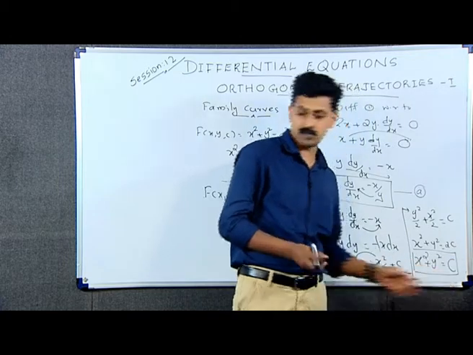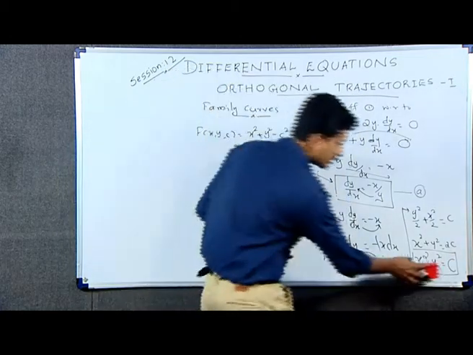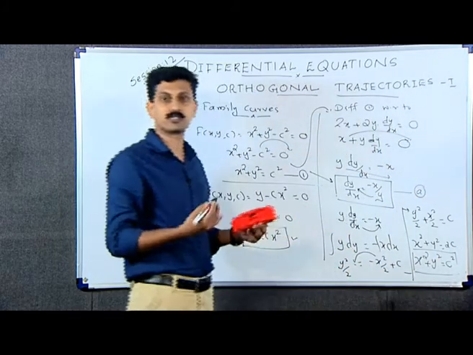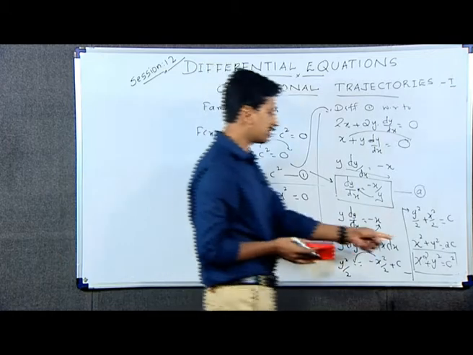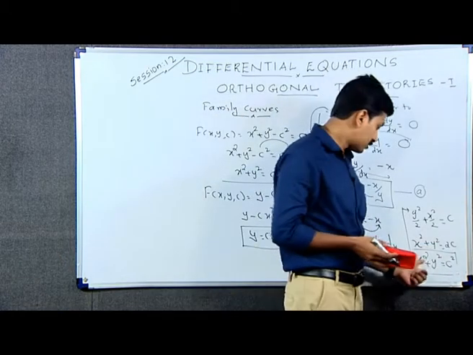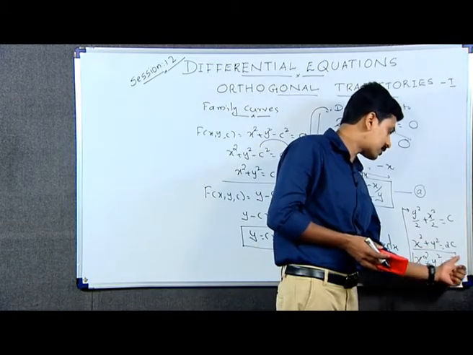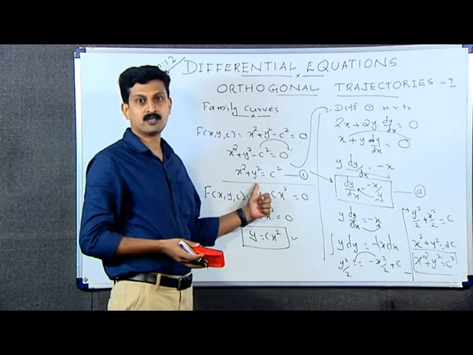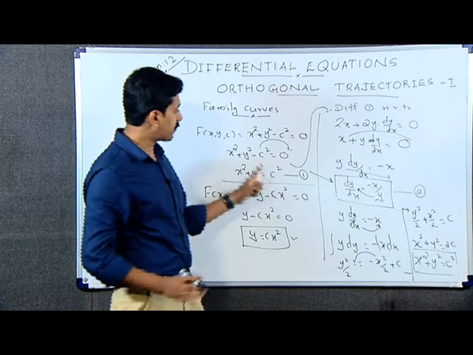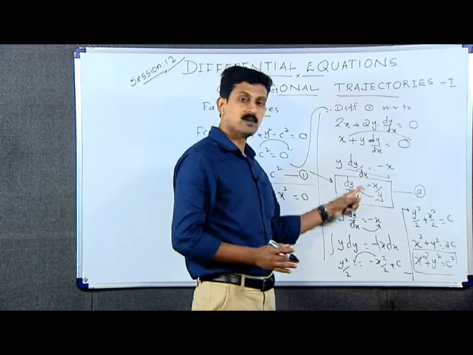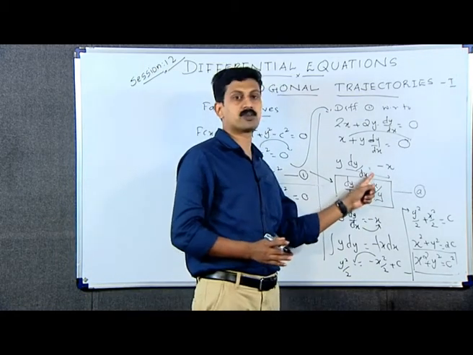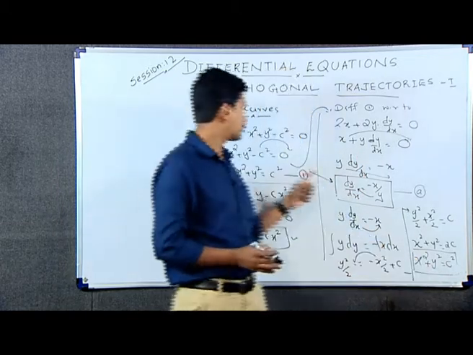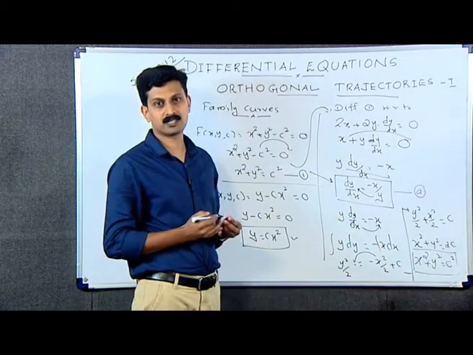Here this c we can rewrite as another c square, or c dash square; because this is an arbitrary constant we can write it like that. So, we again arrive at equation 1. So, from 1 we generate a differential equation, and while solving that differential equation, we again arrive at the same family.